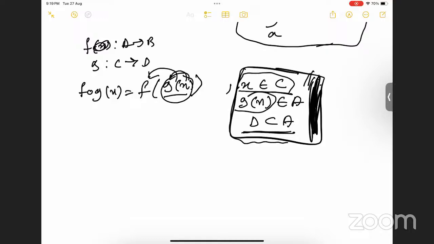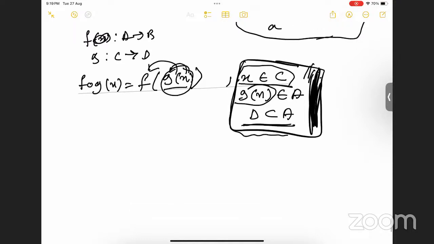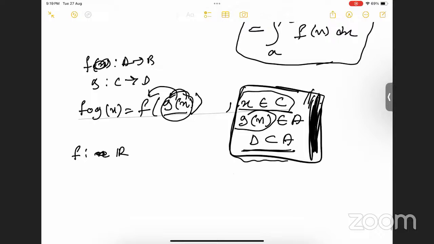Ma'am, if you could give a simple example. Okay. But first, ma'am, should D be a subset of A or a subset of B? Subset of A, because G of x is in A, right?